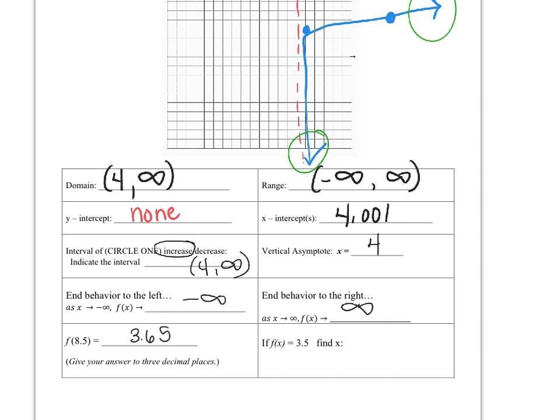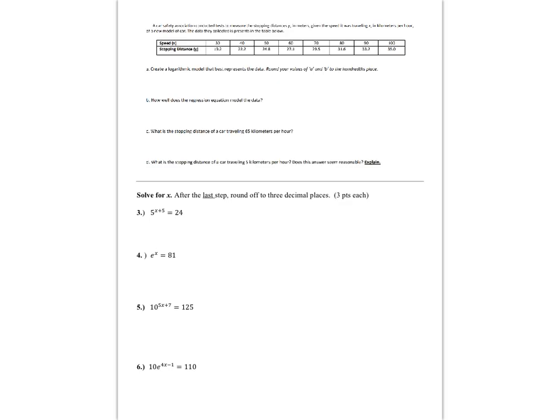So we put in a y2 equals 3.5 and then do a second calc intersect, which is at about when x is 7.16.